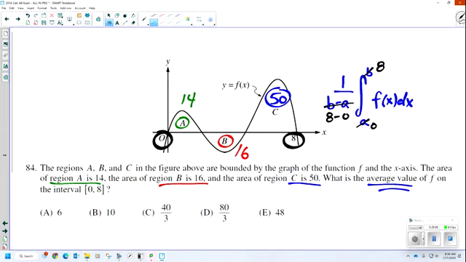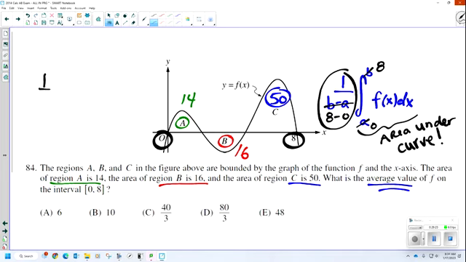And the integration is really, isn't that area under the curve? It sure is. So I'm going to take the area under the curve and multiply it by 1/8. So I have 1/8 times, be careful, anything underneath the x-axis is considered negative.